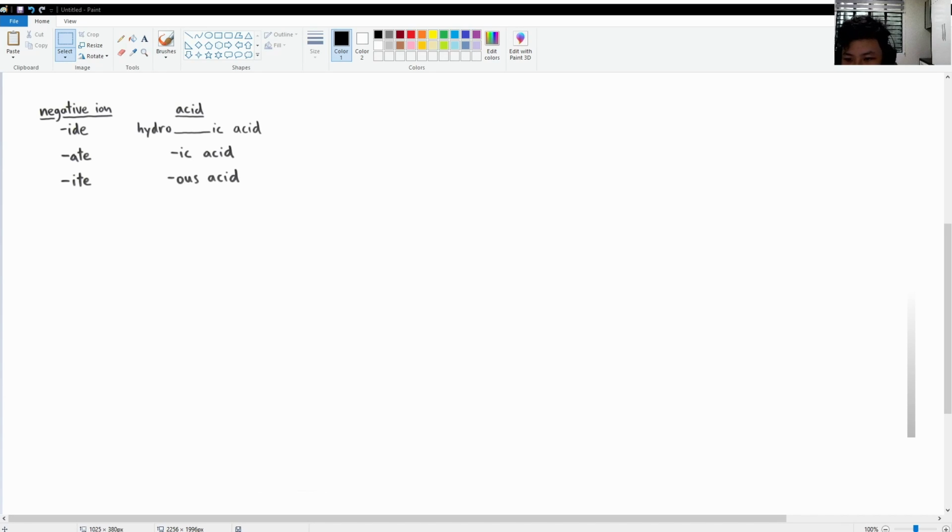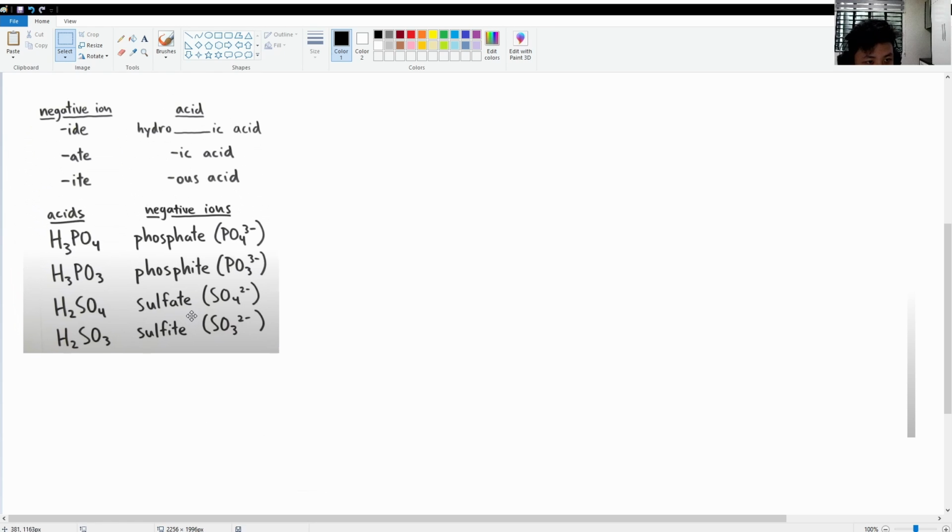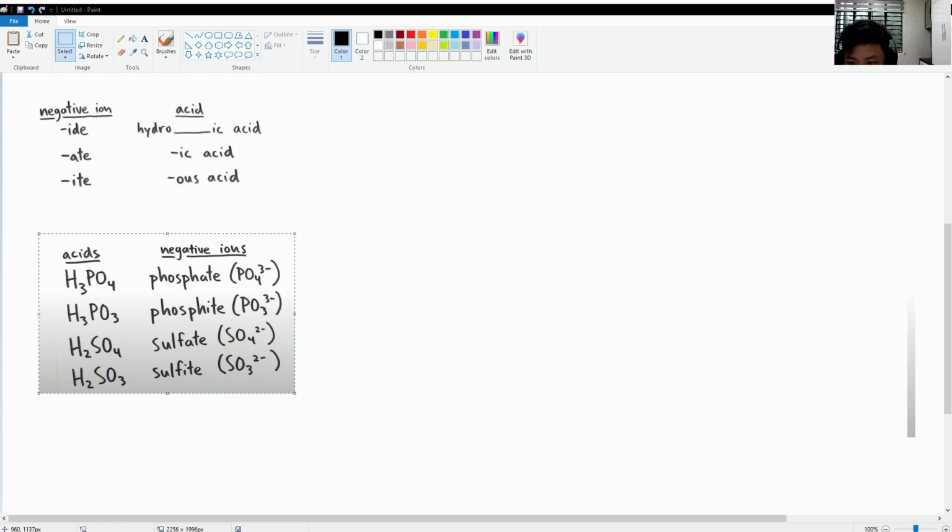Now I'm going to talk about some exceptions, because there are a few acids that don't quite follow the rules. There are these four acids that contain negative ions: phosphate, phosphite, sulfate, and sulfite.